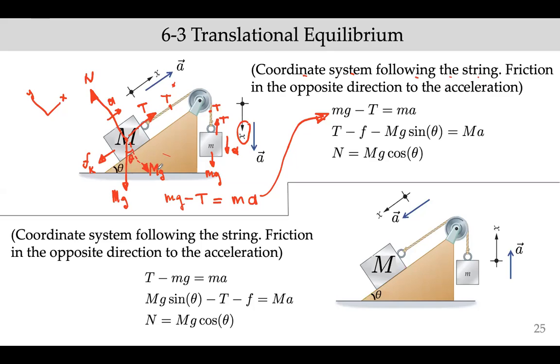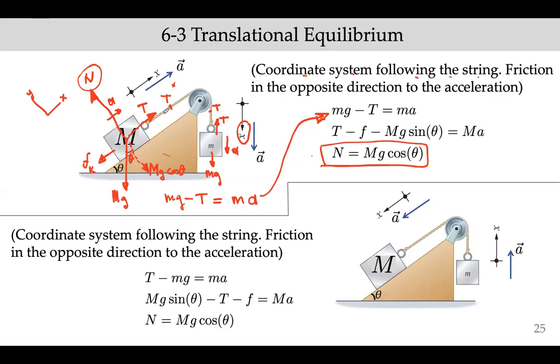So this is going to be Mg cosine theta. So N equals Mg cosine theta. You can either do F net equals ma, where acceleration in the y direction is 0, and write N minus Mg cosine theta equals 0, which would give you this. I did the shortcut that I just taught you in the previous slides. If there's equilibrium, no acceleration, you can say all the forces in opposite directions should be equal to each other.